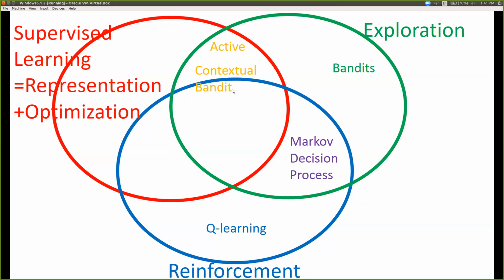One interesting question is, why are they not used? The setting is one where you have a state that you observe, you take an action, you see a reward, and then you see a new state, take an action, see a reward, over and over again.